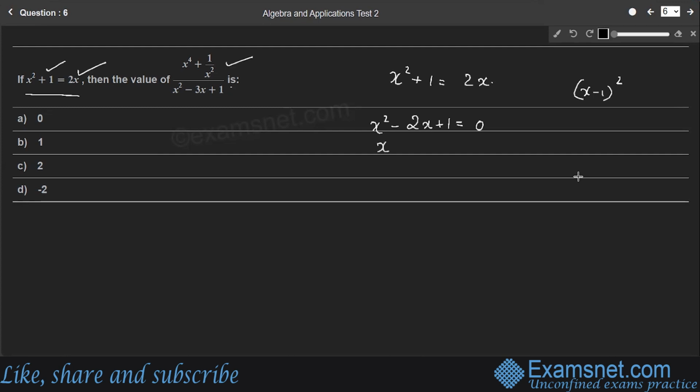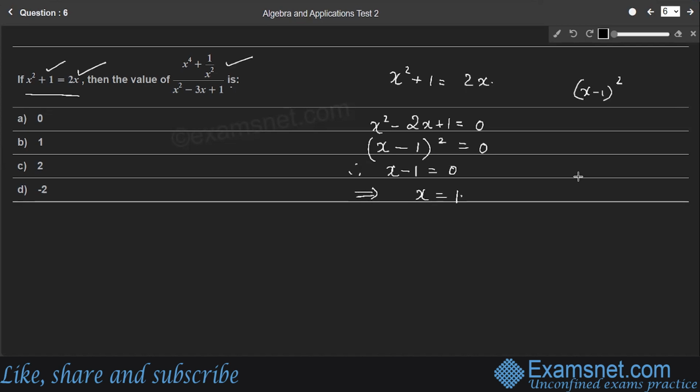So, x square minus 2x plus 1 is equal to 0 is nothing but x minus 1 the whole square is equal to 0, which means x minus 1 is equal to 0, all right? So, therefore, x minus 1 is equal to 0. This implies x is equal to 1, right?